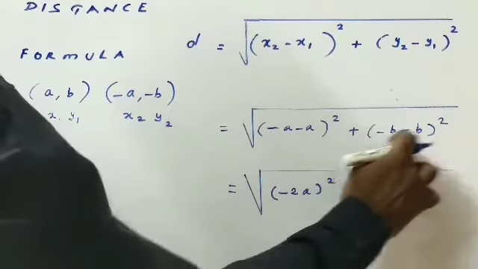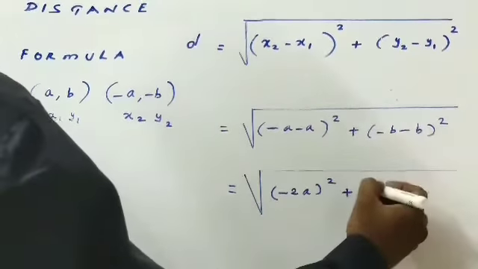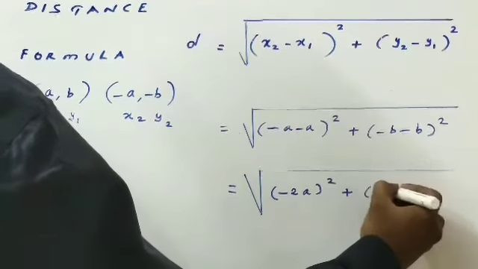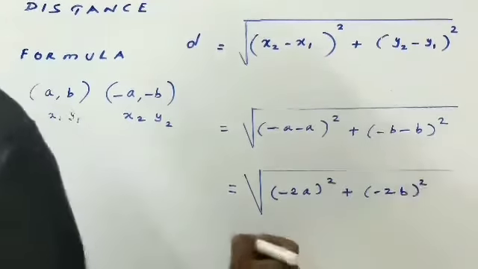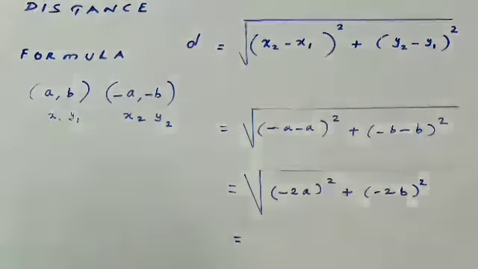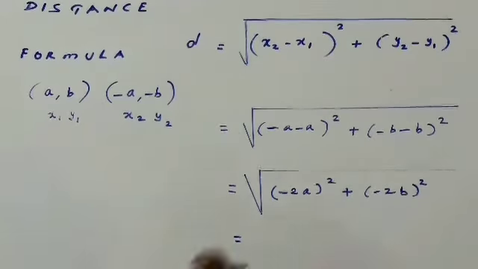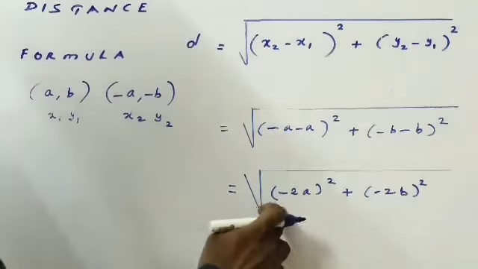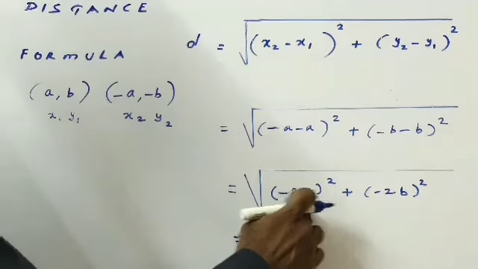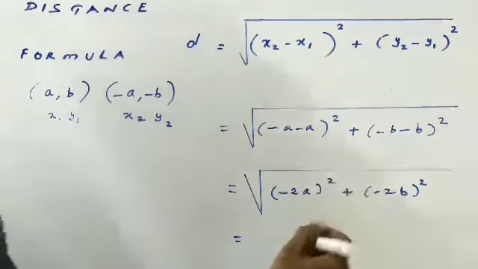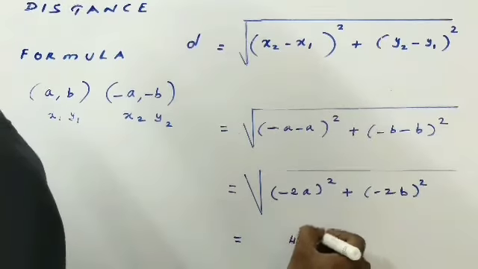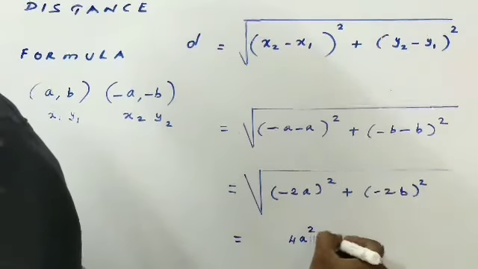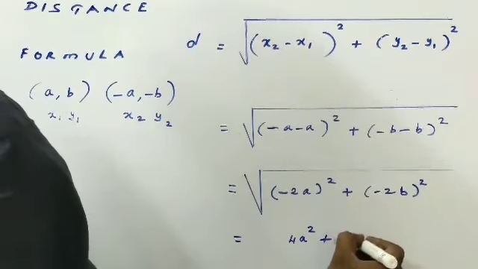Plus minus b, minus b, same symbol, minus 2b the whole square. Now squaring a negative gives a positive. 2 square means 4, a square means a square. So 4a square plus 4b square.